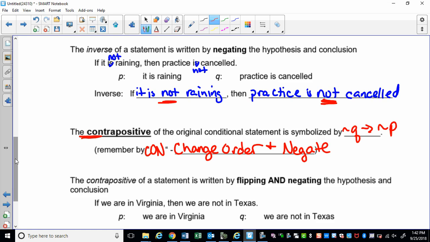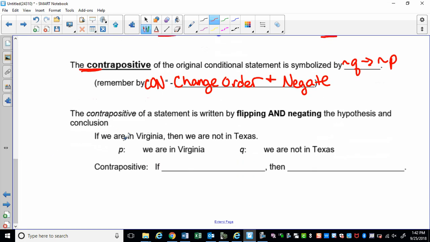Okay? So the converse of 'if we are in Virginia, then we are not in Texas.' Remember, after the if is my hypothesis, and after the then is my conclusion, my Q. We're going to write the conclusion first, and we're going to negate it. We are not in Texas, but we have to negate it. But it already has a not, so we're going to have to take it out.